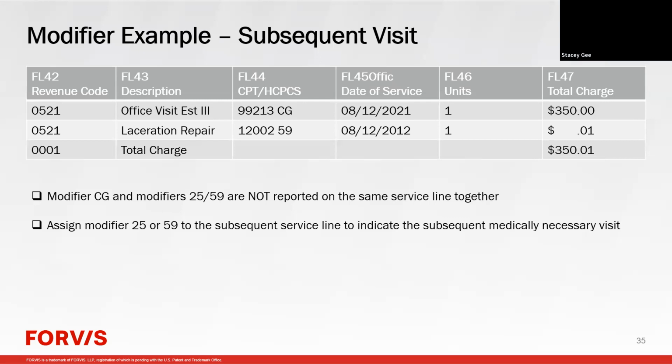You're going to report them separately, but you're going to report that laceration repair with a penny assignment. And then you're going to put that 59 modifier on the laceration. That 59 modifier is always going to go on that subsequent service line, not the initial.